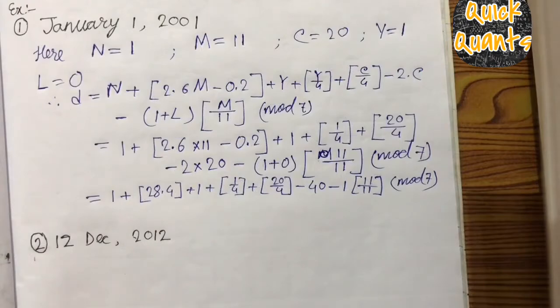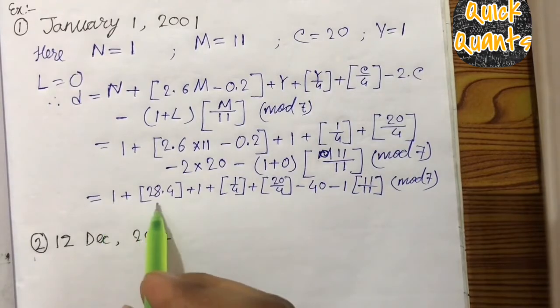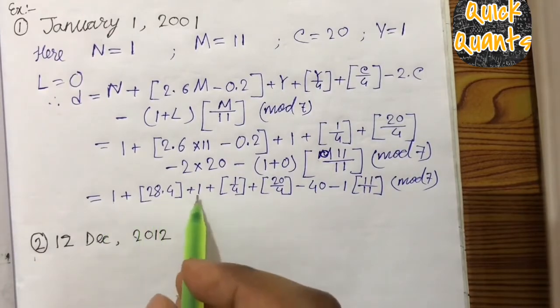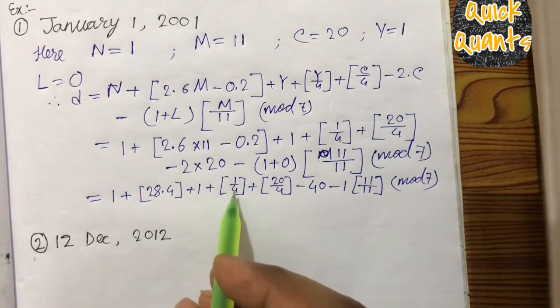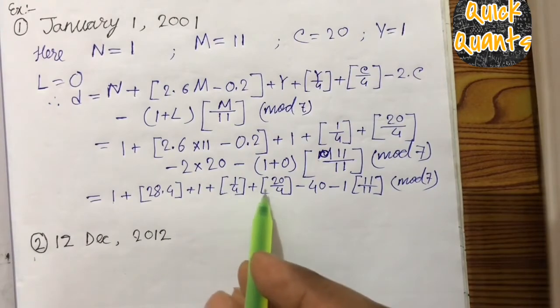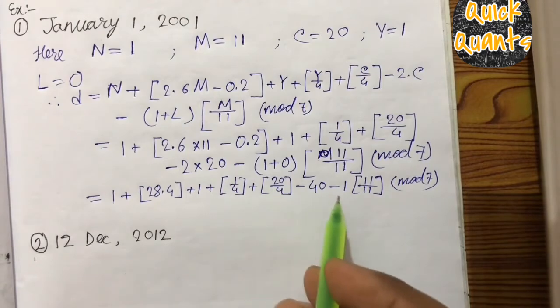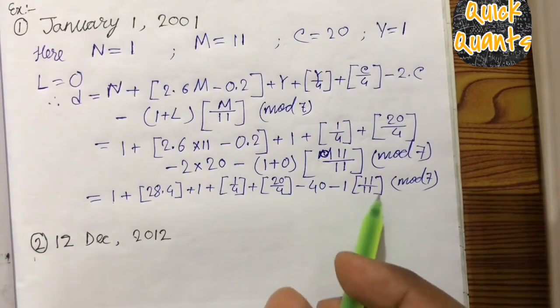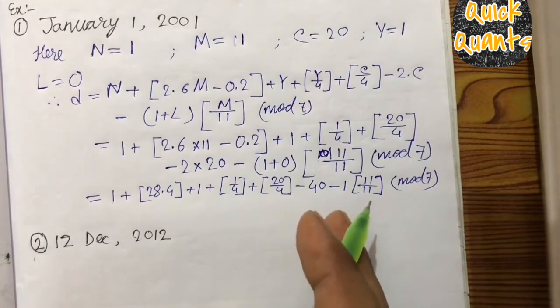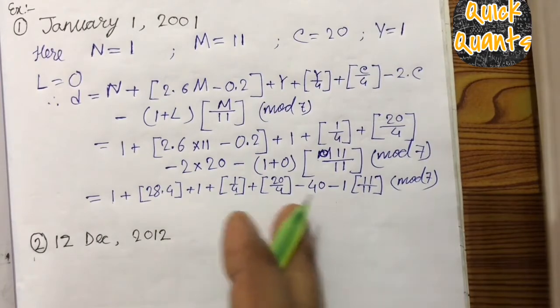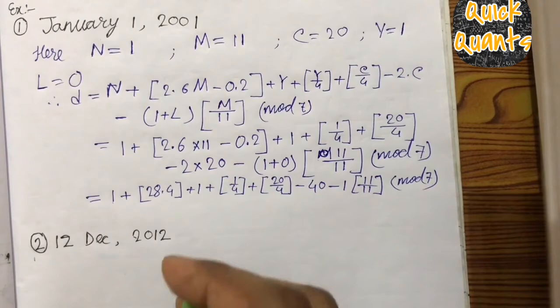And you know about the floor function, the greatest integer function. If you don't, I'll make a video about it. Now let's see the calculation. It is 1, it is 28, so 1 plus 28 plus 1 is 30. Floor of 1 by 4 is 0, 20 by 4 is 5, floor of 5 is 5, minus 40 minus 1, floor of 11 by 11 is 1, and floor of 1 is 1, so it would become minus 6.